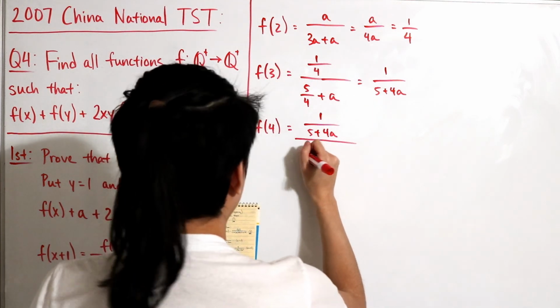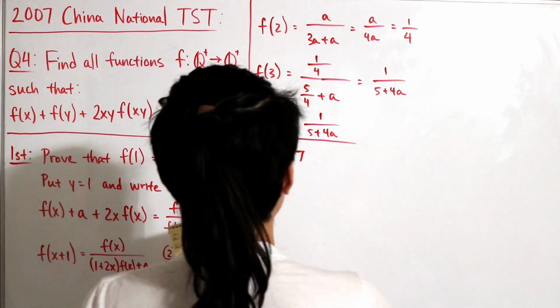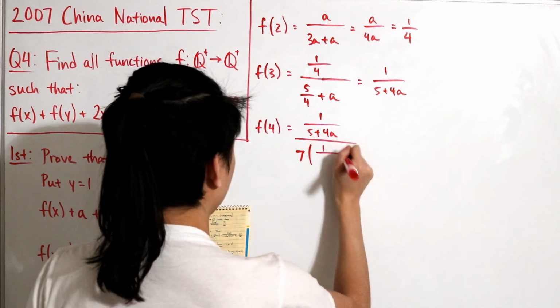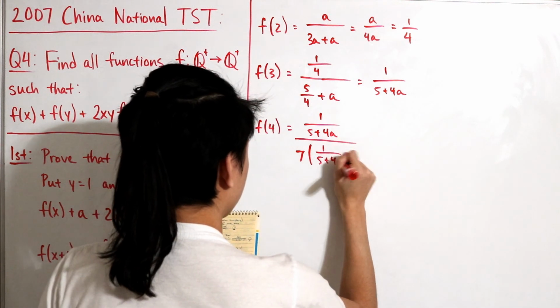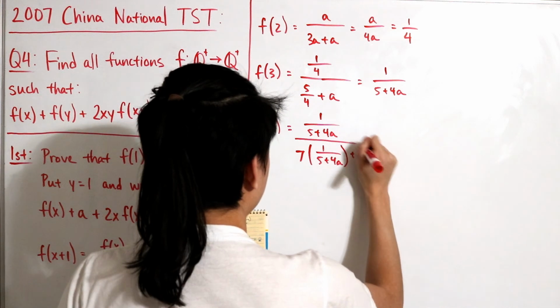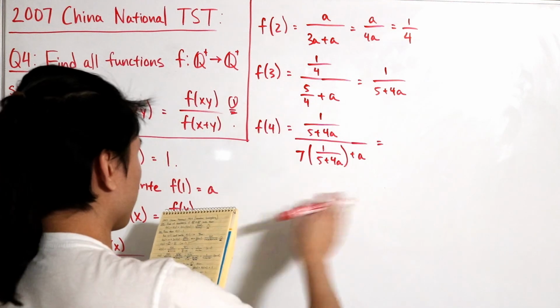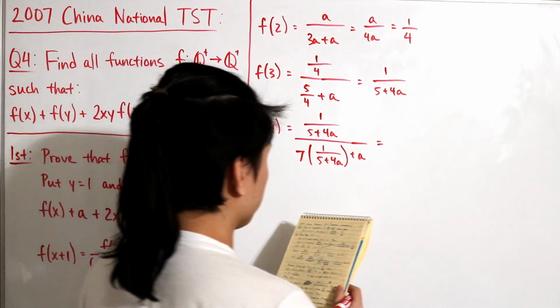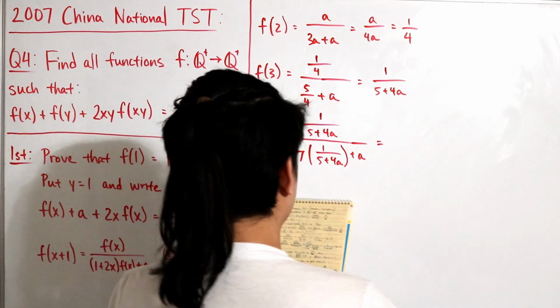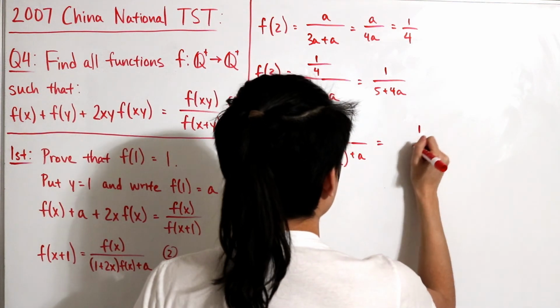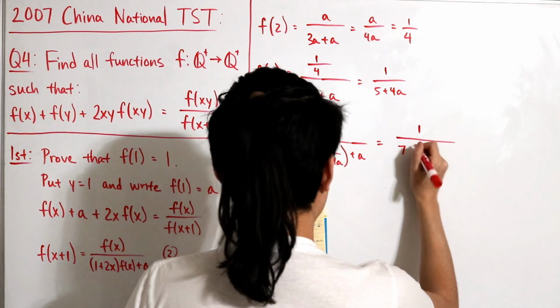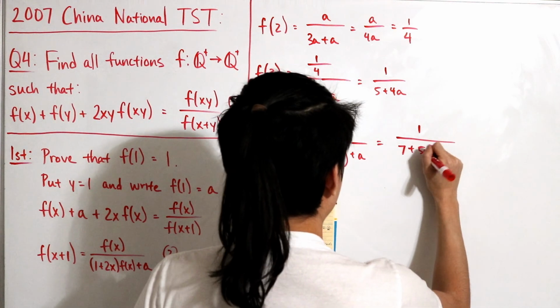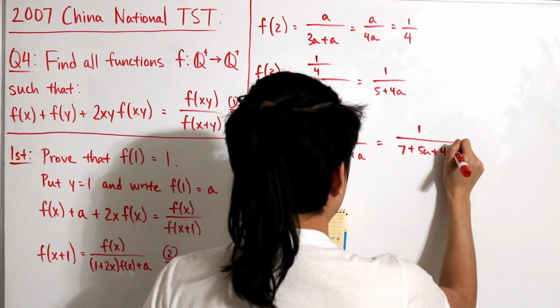Then multiply by f of 3, which is 1 over 5 plus 4a, and add this with a. It's pretty long algebra if you want to simplify this on your own, it's typical algebra stuff. But the simplification comes down to 1, divided by 7 plus 5a, and then plus 4a squared.